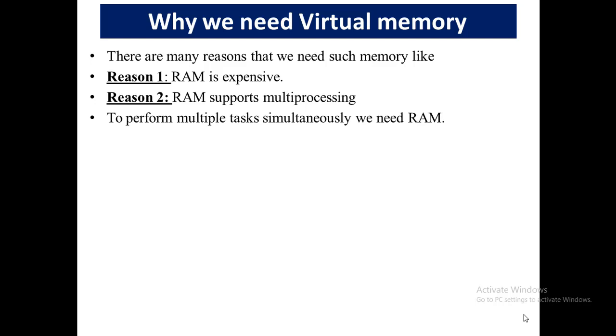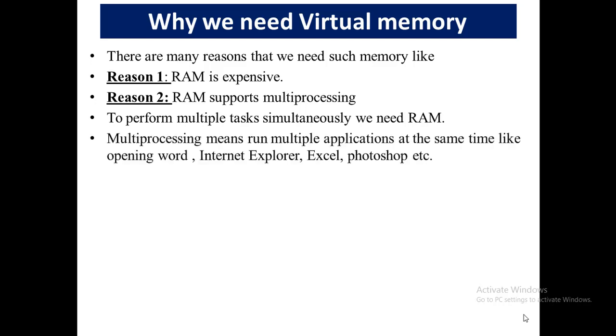The second reason for developing virtual memory is that RAM supports multiprocessing. What do we mean by multiprocessing? It performs multiple tasks simultaneously. Multiprocessing means running multiple applications at the same time, like when we open Microsoft Word, Internet Explorer, Microsoft Excel, and Photoshop, and do some tasks at the same time.